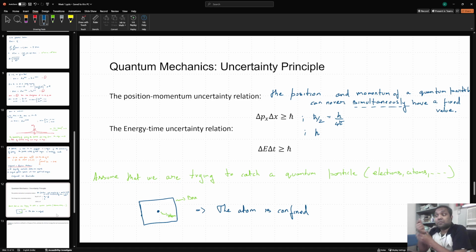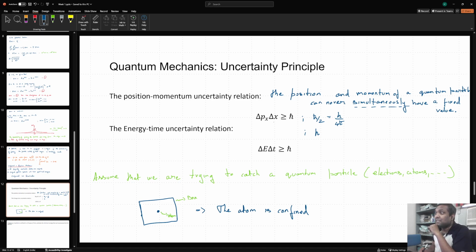But what the uncertainty principle says is this. I have given an example where I'm considering a two-dimensional box because that is easier to imagine. But you can also imagine a 1D box, as we are going to see in a few more minutes. We will have a mathematical representation for a 1D box. It's not possible to draw a 1D box, so that's why I've drawn a 2D box.